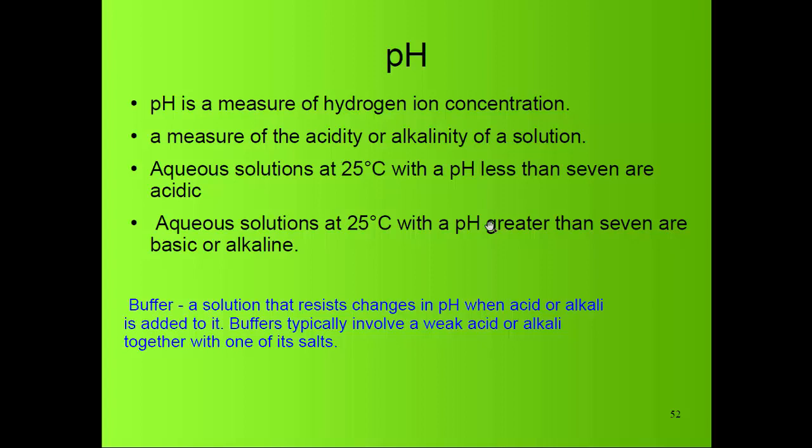And a buffer is a solution that resists changes in pH when an acid or an alkali is added to it. So buffers typically involve a weak acid or alkali together with one or more salts. So when we think of things that are acidic, maybe think of things like adding fruit to your ice cream.